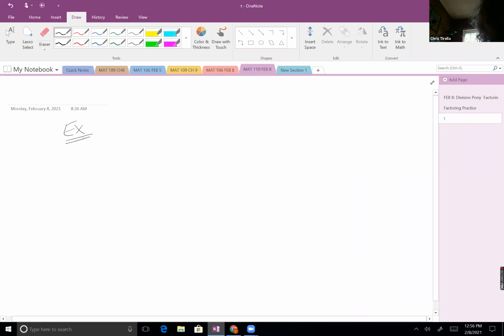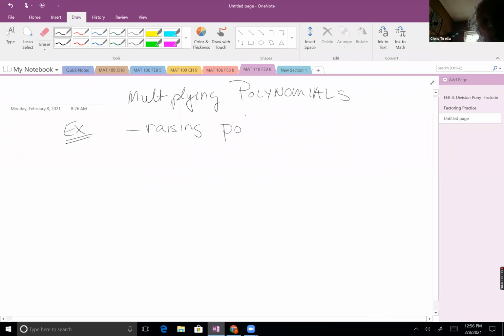We left off multiplying polynomials. And I think the last problems that we were looking at was raising a polynomial to a power.